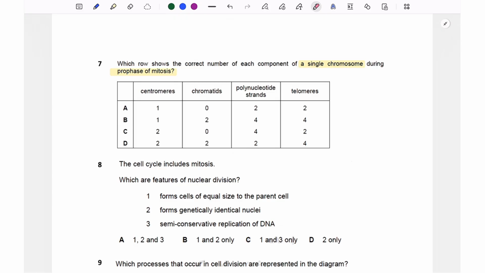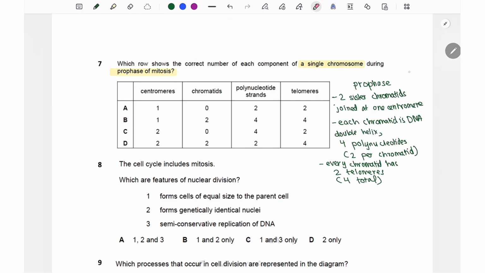So there will be four polynucleotide strands, two per chromatid, and every chromatid will have two telomeres at the end. So there will be four total.